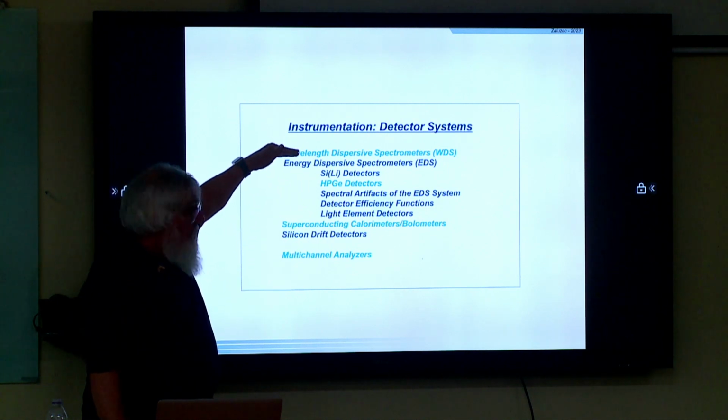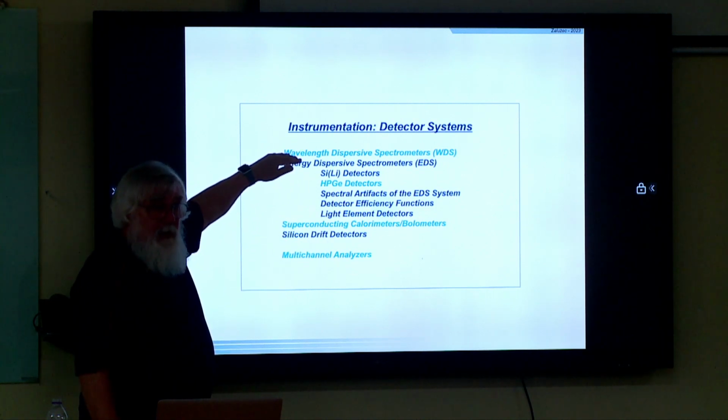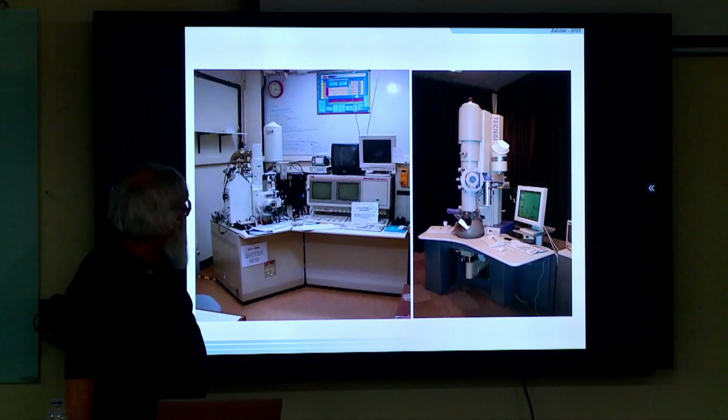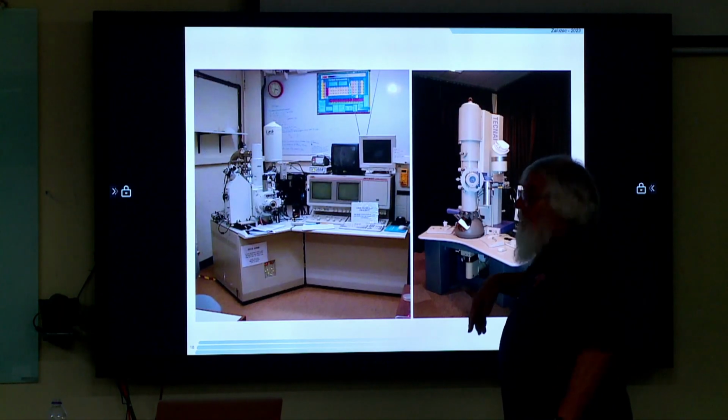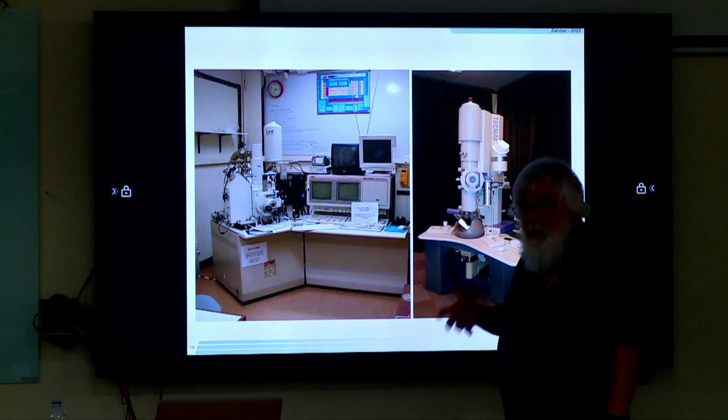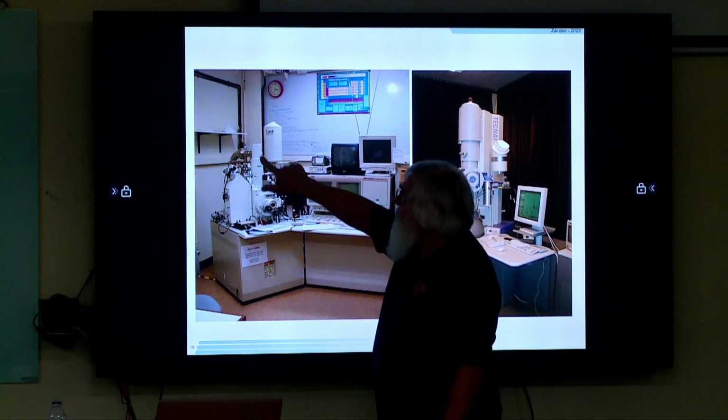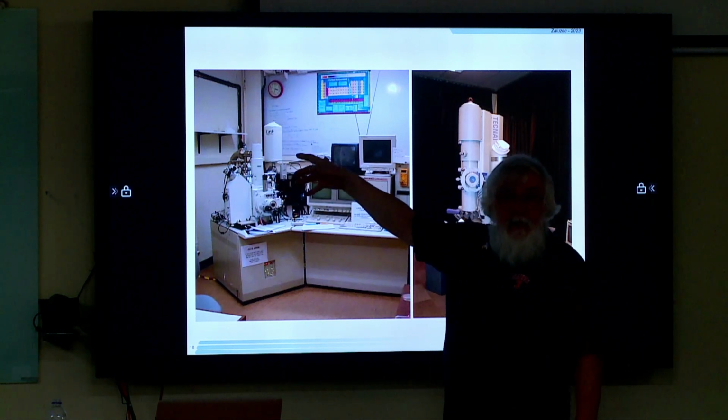So I'll mention wavelength dispersive spectrometers because it's a traditional detector, and they operate very simply. We can recognize them very easily by looking at an instrument. Here's an SEM, here's a TEM. The lithium drifted silicon detectors can be recognized very easily by the large dewar that's on the side of the microscope.